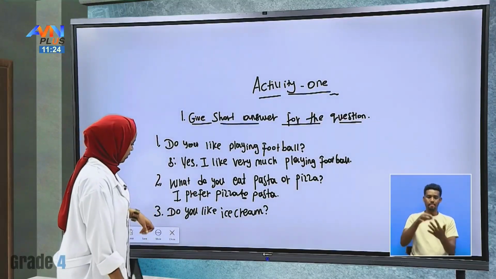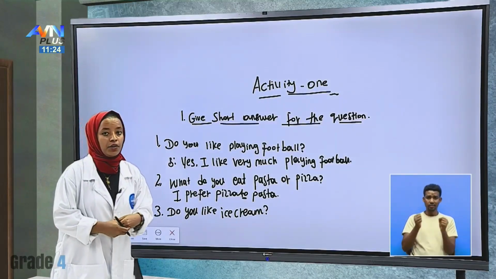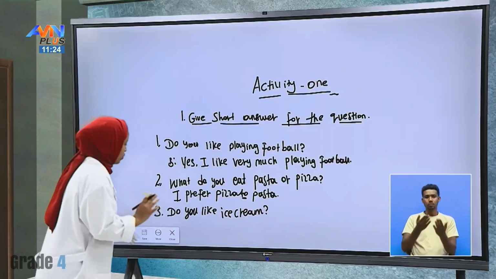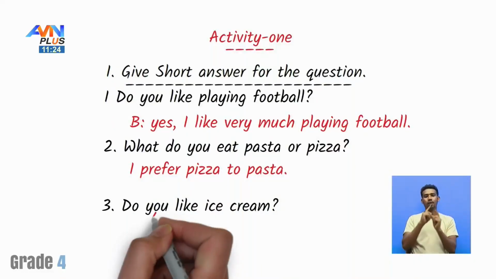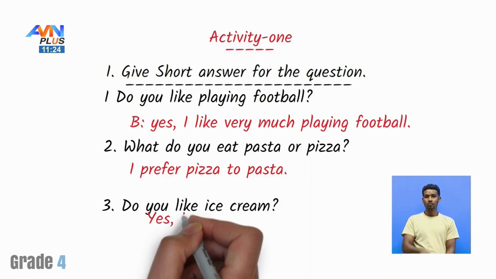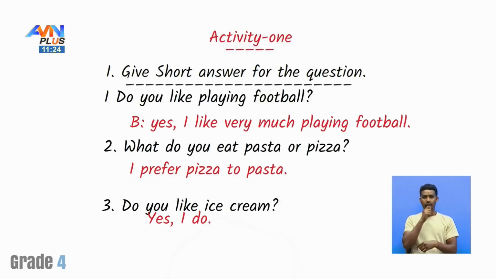Here is number 3. Do you like ice cream? For example, let us make it positive or negative, both of them. Yes, I do. You can answer even like this. Yes, I do like ice cream. And what about the negative form?